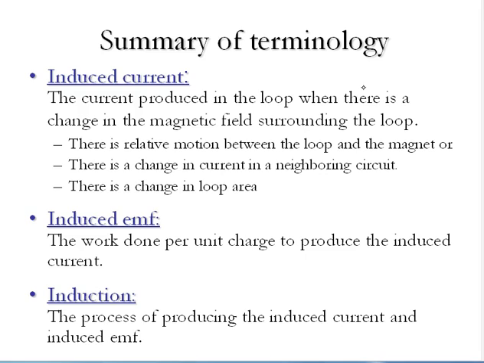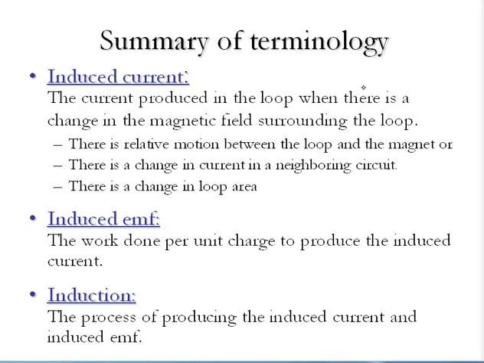So, a summary of terminology: induced current is a current produced in a loop when there is a change in magnetic field surrounding the loop. We're really interested in the magnetic field that has flux in the cross-sectional area of the loop. And there needs to be a relative motion between the loop and the magnet, or a change in current in a neighboring circuit, or there could also be a change in the loop area.